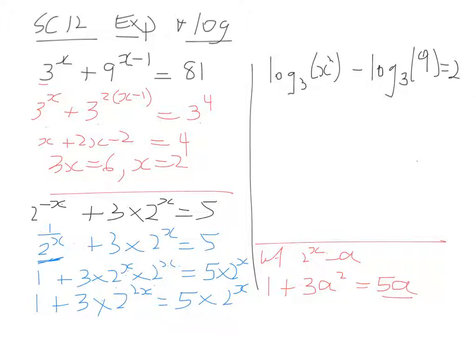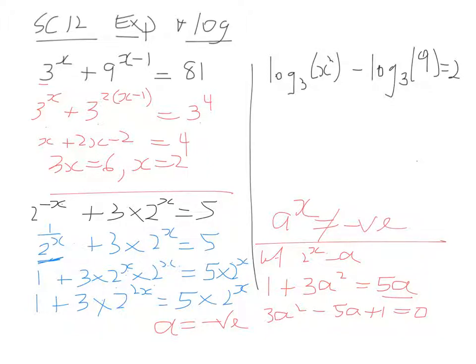So we bring this over to the other side, so 3a squared minus 5a plus 1 equals 0, and then we solve it appropriately. And remember, if we end up with an a value equal to something negative, that won't work, because we cannot have 2 to the power of x ever equaling anything negative.